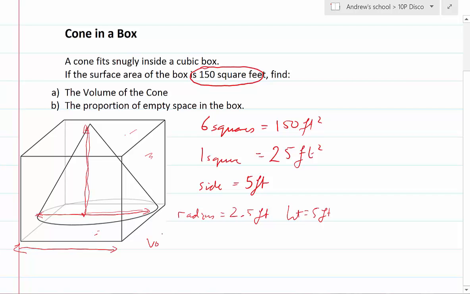The volume of the cone is 1/3 times the base area, which is pi r squared, times the height, which is 1/3 times pi times 2.5 squared multiplied by 5.